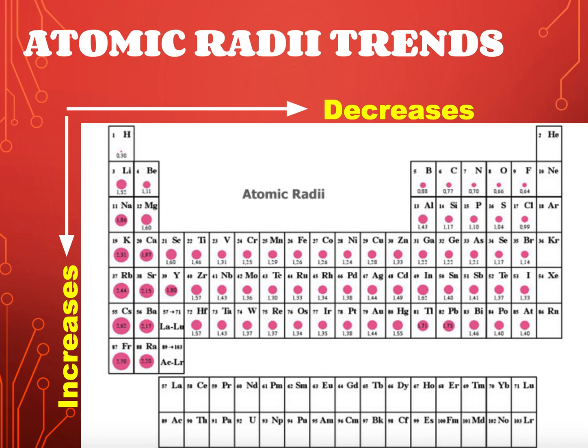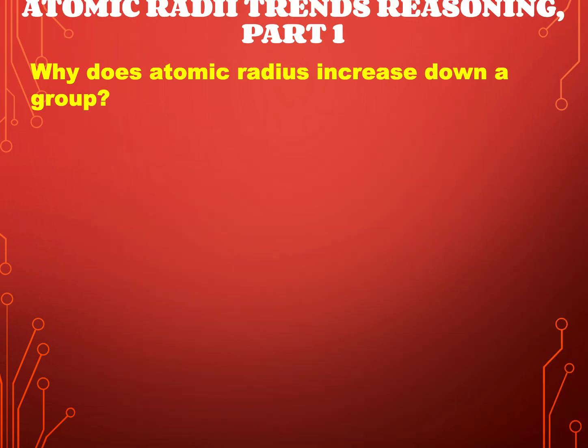You can either remember the trend or just remember what elements are the biggest and smallest, because if francium is the biggest, then as you go over to the right, they have to get smaller. So if you just remember it's the biggest, you can logically figure out the trend.